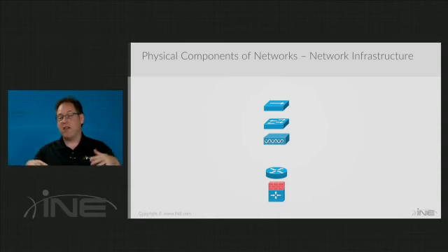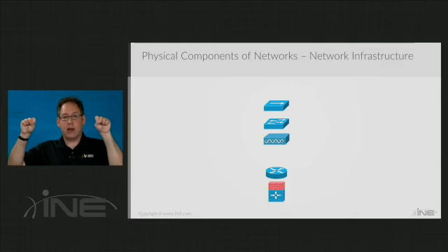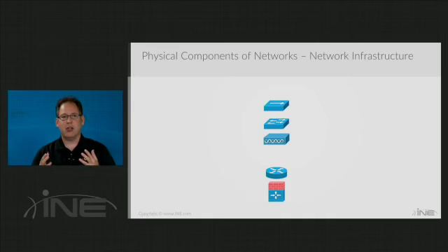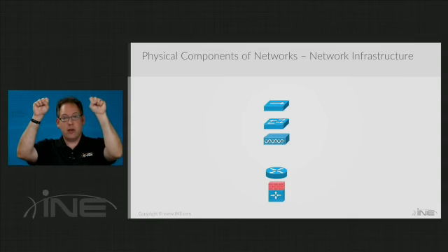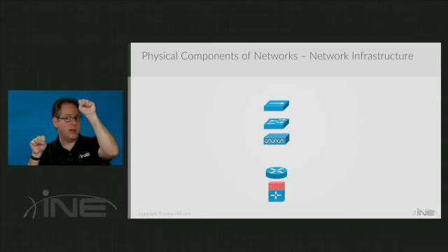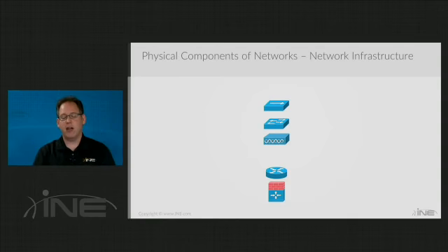Now, once I have three or more hosts, or if the two hosts that I want to communicate are really far apart from each other, now I need to have some network infrastructure devices, something that's able to carry that data a little bit farther, or maybe something that's able to give me some security, saying, well, I want these two hosts to communicate, but I don't want these two hosts to communicate.